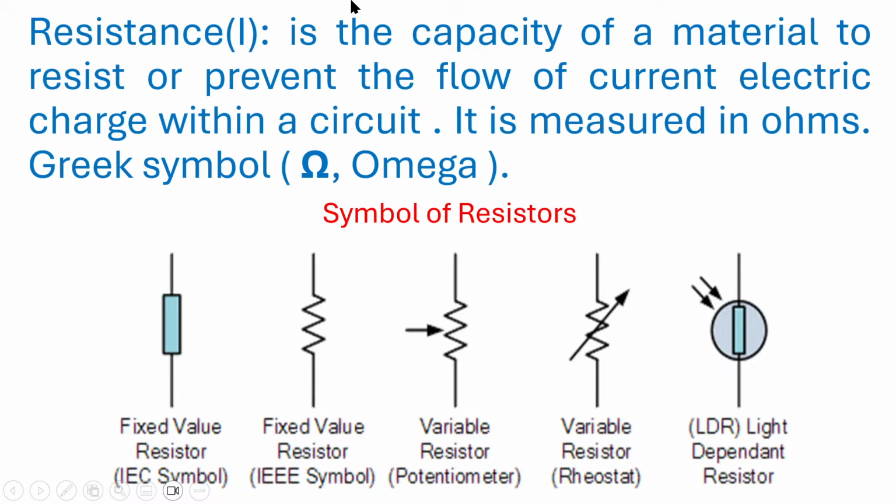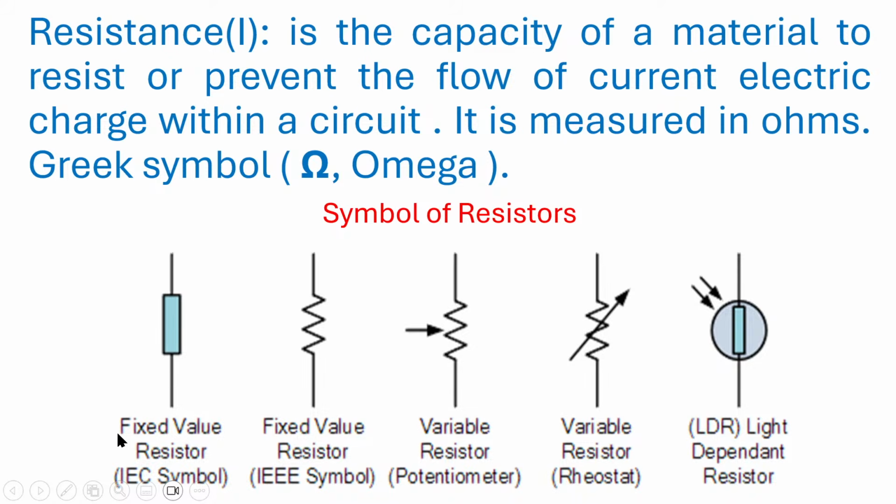So, resistance. Resistance is the capacity of a material to resist or prevent the flow of current within a circuit. It is measured in ohms. This is the Greek letter omega; I can call it ohms or omega.